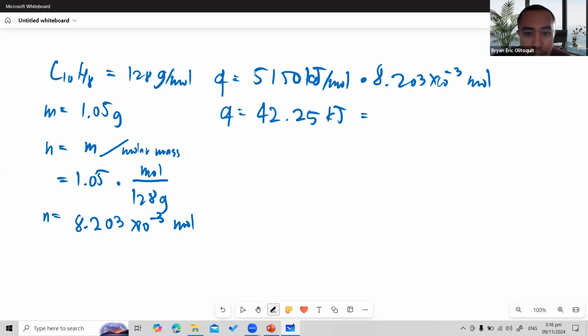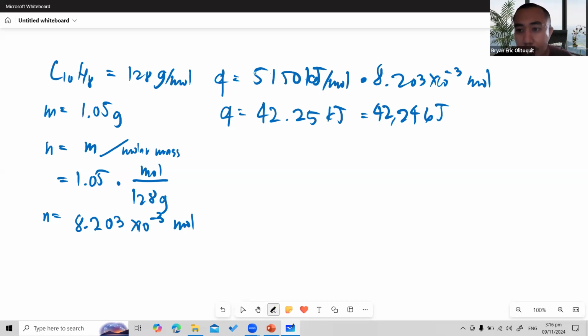Or in terms of joules, multiply by 1,000, for 42,246 joules.